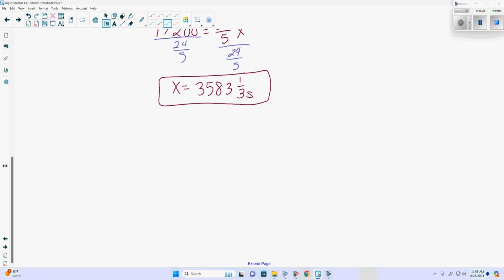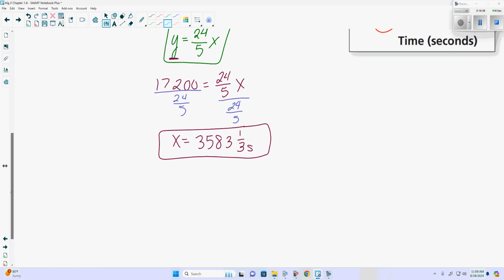How many of y'all would like to be able to travel that fast? We can have some type of grasp that traveling 17,200 miles in 3,583 seconds is a pretty quick speed, yes?